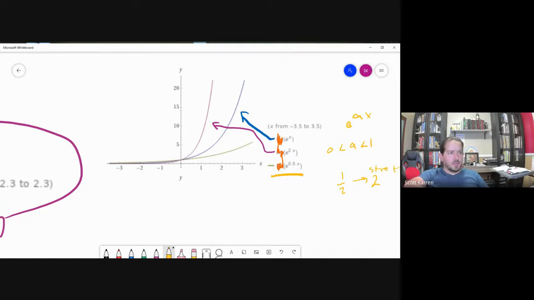And so any point here, the point that happens at 1 gets stretched, so now it happens at 2. The point that happens at x equals 2 is going to get stretched all the way over so that it happens at 4. So that's a horizontal stretch. And they have this in your homework. They'll ask you what the stretches are, what the compressions are. This is how you figure out what those are.